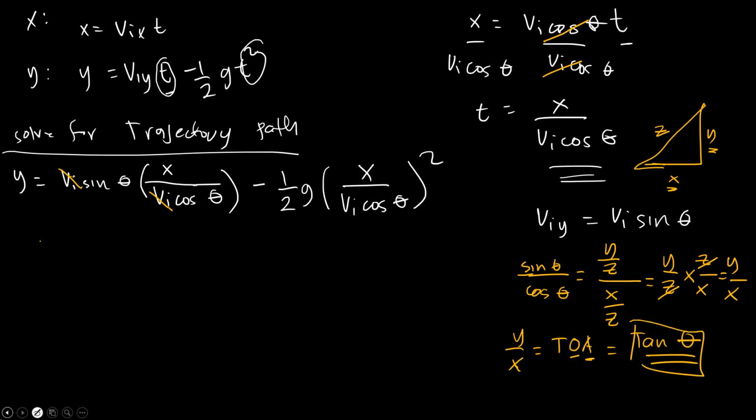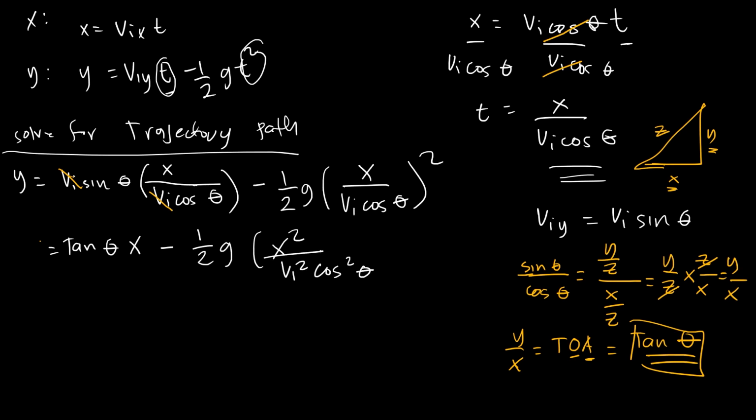So we will write here: y equals tangent theta times x, minus 1/2 g times x squared divided by v sub i squared cosine squared theta.